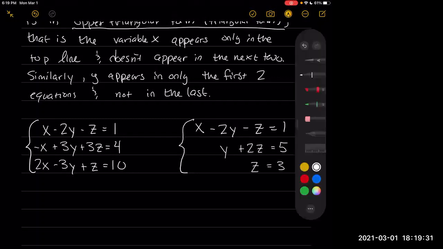So this here, this is our triangular form. You can see how it kind of looks like a triangle.